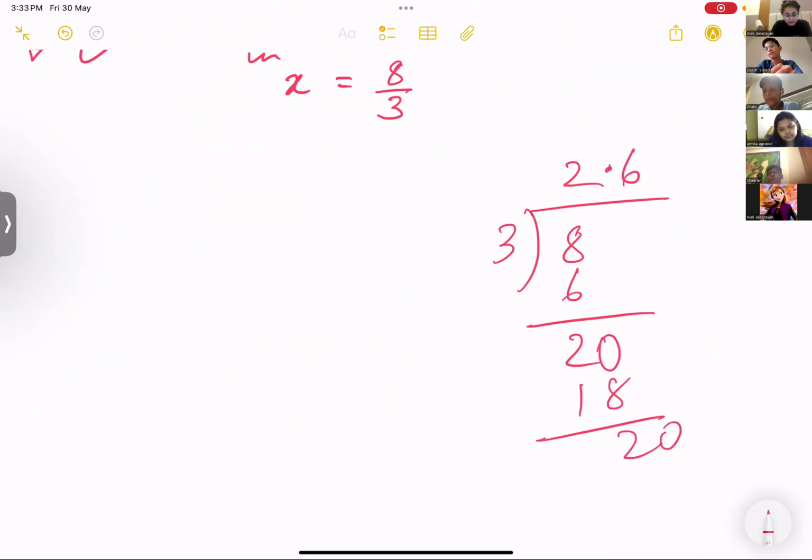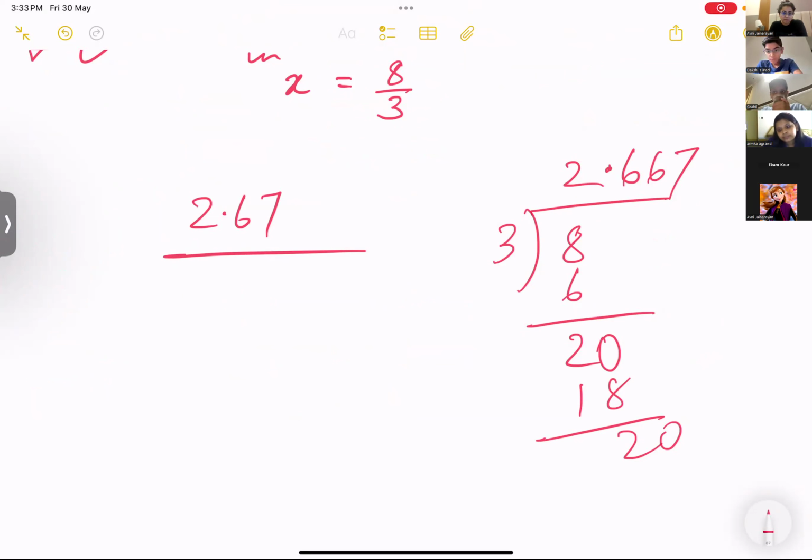It is a recurring decimal, so I am going to write it as 2.67. Any doubt till here? Ma'am, why did you write 2.67? It would be 2.66. So it is a recurring decimal, okay? 2.66666.